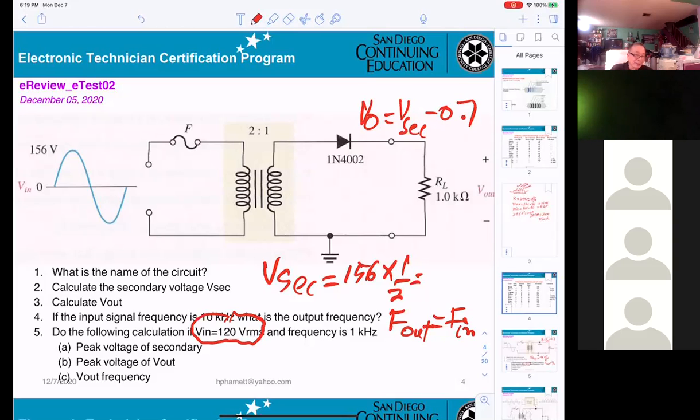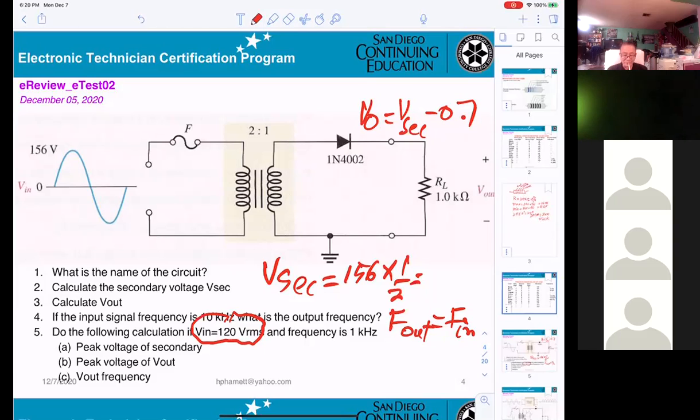So if you take 120 times 1 divided by 2, you get 60. That's 60 VRMS, not VP. Then you have to convert it into VP. That means 60 divided by 0.707, which is 84.87. Number 6, the same thing.